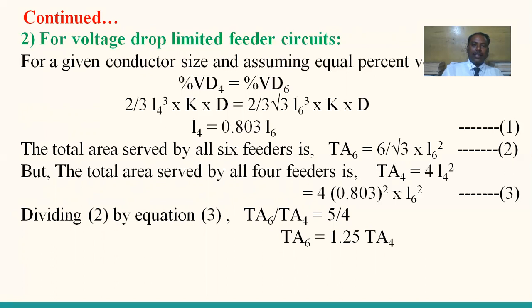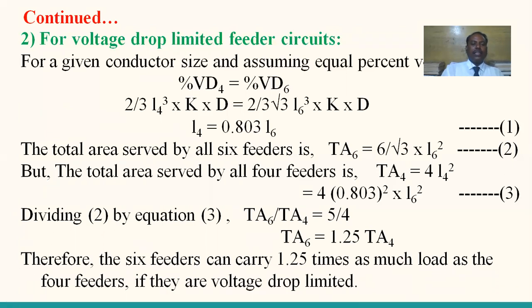As in the earlier case, when they are thermally limited, TA6 is equal to 1.5 times of TA4, whereas voltage drop limited, in the sense, TA6 is equal to 1.25 times of TA4. So therefore, the 6 feeders can carry 1.25 times as much load as the 4 feeders if they are voltage drop limited.